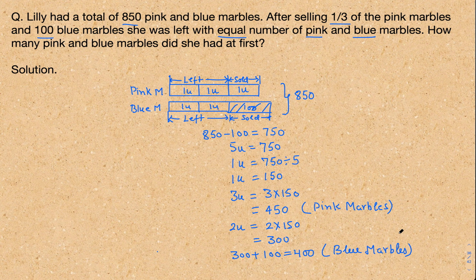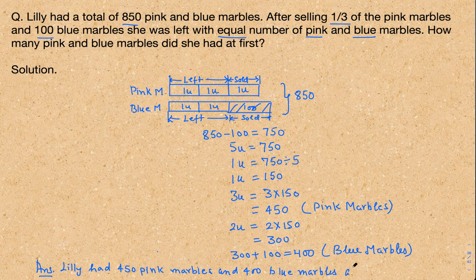So we can write our full answer quickly. Our question was how many pink and blue marbles did she have at first. So we can say Lily had 450 pink marbles and 400 blue marbles at first.